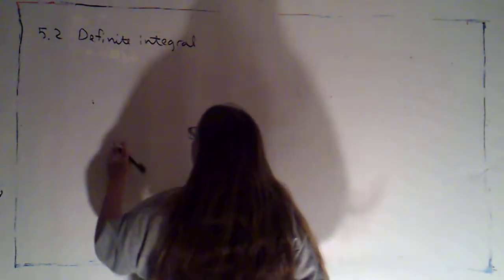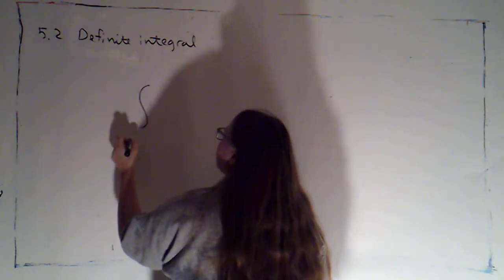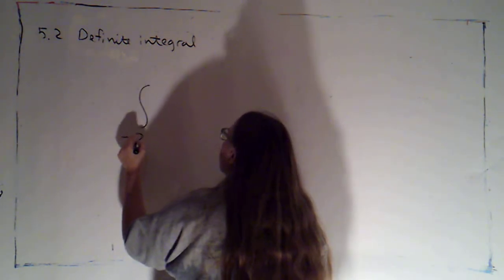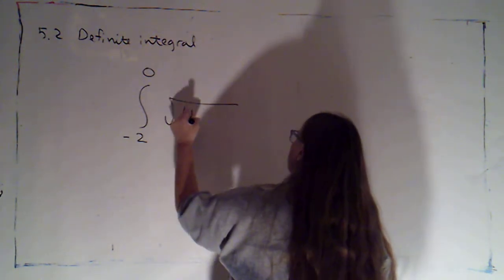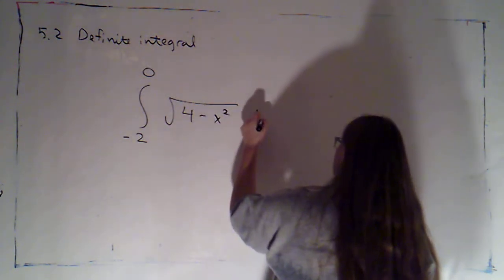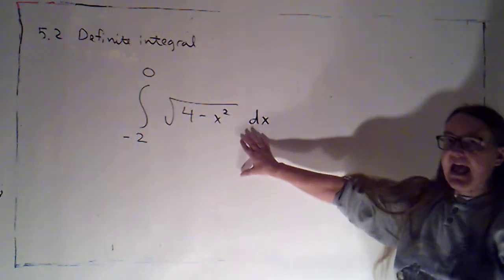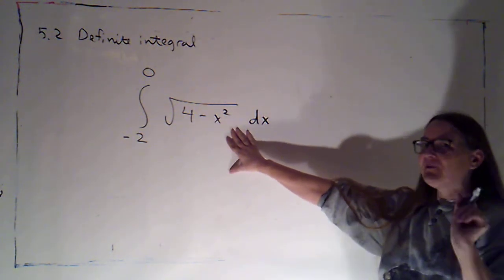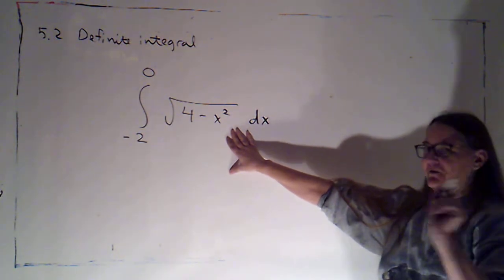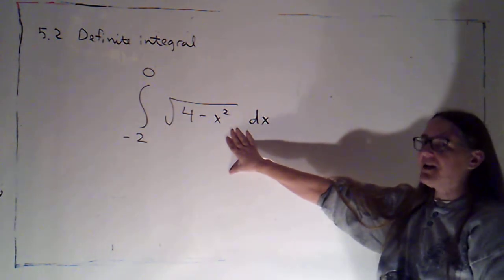Okay. I want you to see if you can find for me the integral from -2 to 0 of the square root of 4 minus x squared dx. If you can draw the picture, you can probably get it. If you don't see the picture, this is a really tough problem.